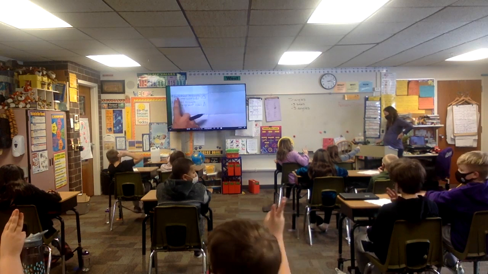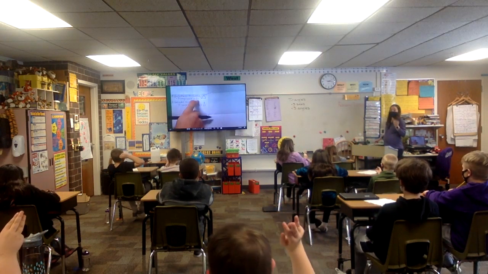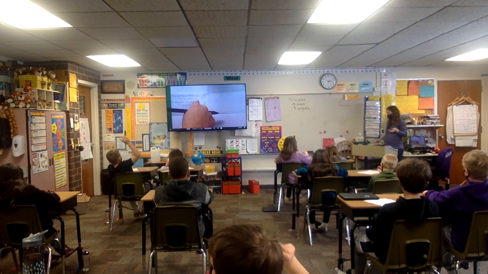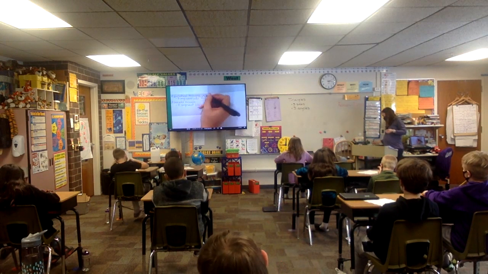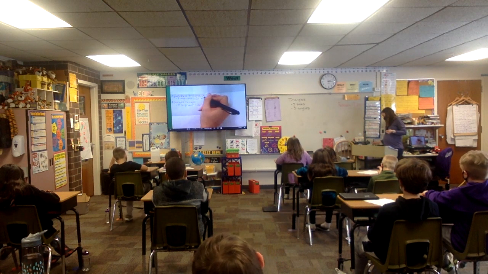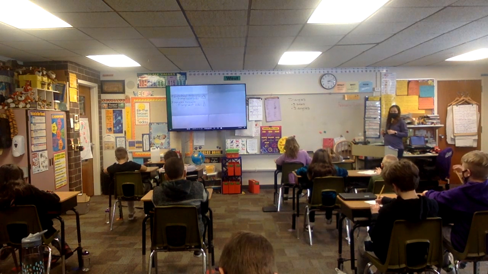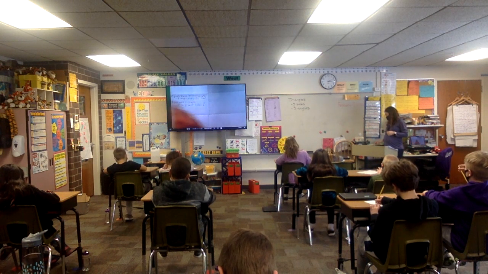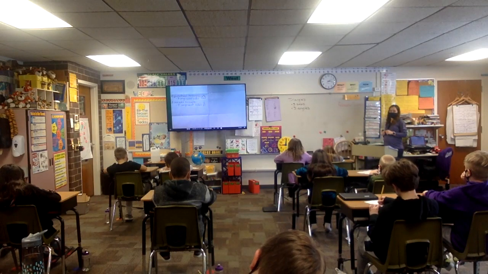So with an equilateral triangle, we know that there are 3 congruent sides. So in order to show that you know that there's 3 congruent sides, you add in the tick mark. Just a little line to show that they're congruent. Okay? So with an equilateral triangle, you have 3 tick marks.